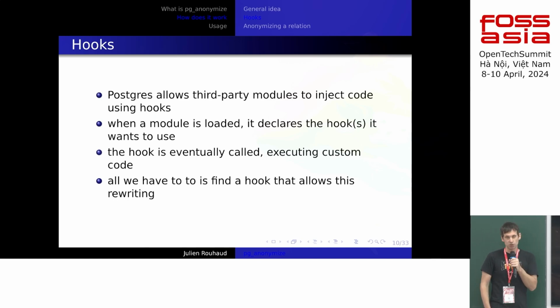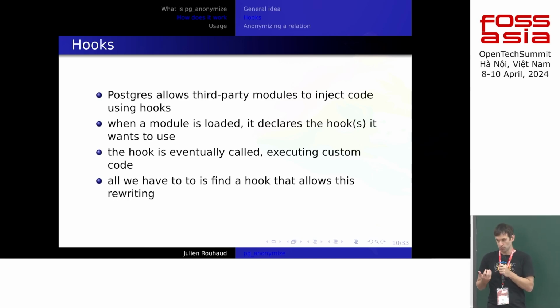So one thing you need to know for Postgres is that one very convenient way as a developer to execute your custom code is to use what Postgres calls hooks, which is a point in the query execution or another part of Postgres where Postgres will execute the code you give it on top of or in place of the regular code.